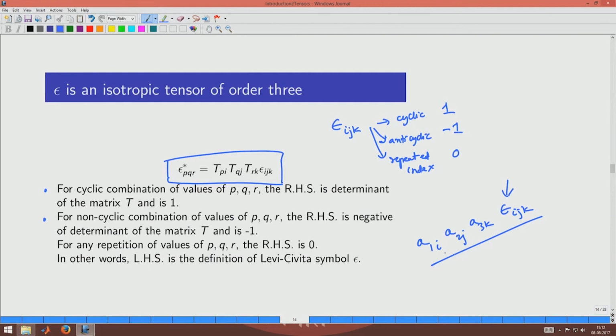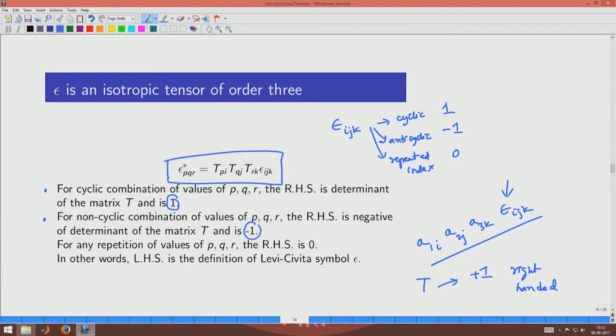Now, we already know that the determinant of the transformation matrix T is +1 because we are using the right handed coordinate system. So, that means that whenever ijk are cyclic, then we get the value +1 here. And by the same thing, when they are not cyclic, then we are actually going into the left hand system.